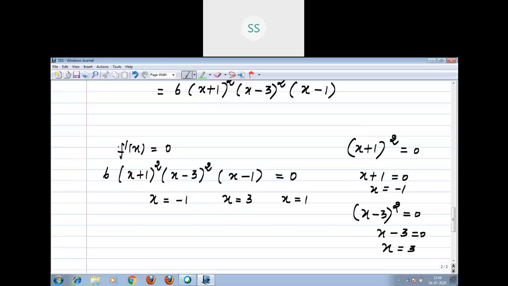Now 3 values are there. X is equal to minus 1, x is equal to 3, x is equal to 1. Using that, you are going to divide your number line. 4 things you will get here.